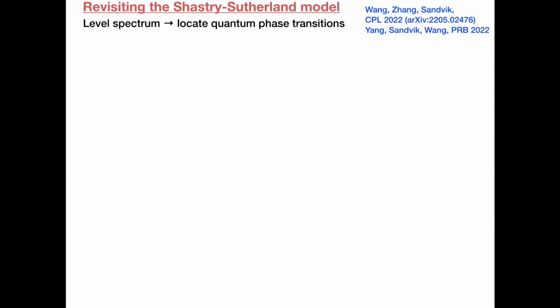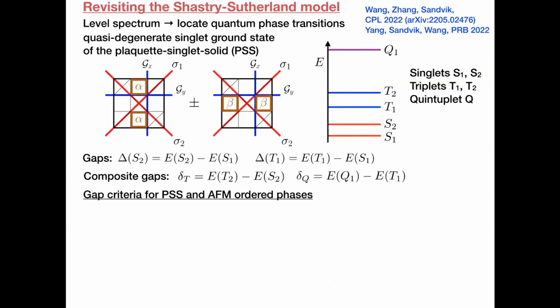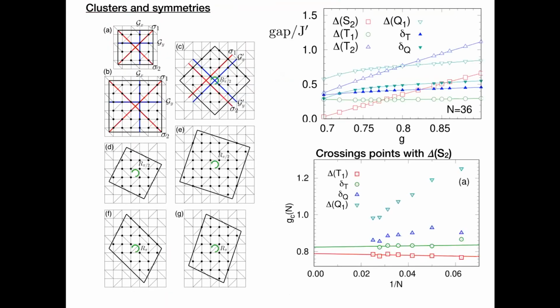That's the idea. And what I will skip is that in the Shastry-Sutherland model itself, which was the initial motivation for the checkerboard JQ model, we believe that we have a tiny spin liquid phase.